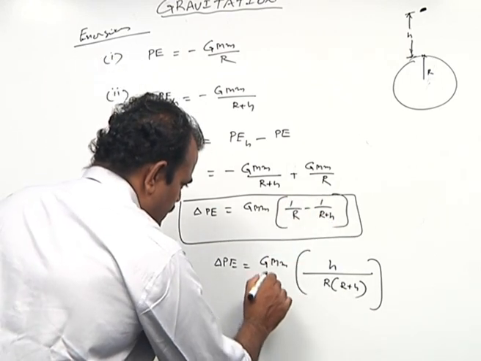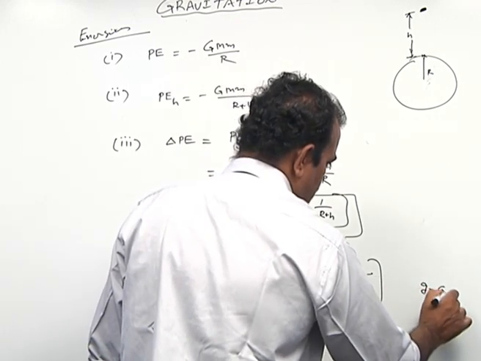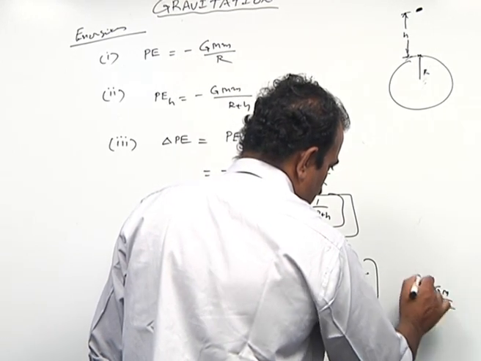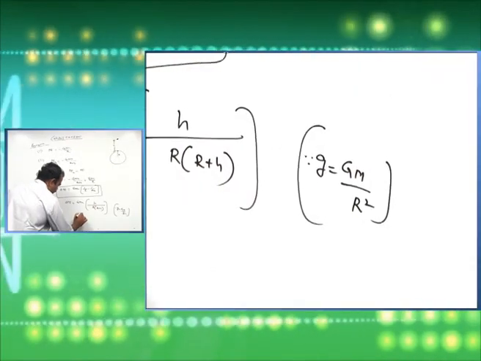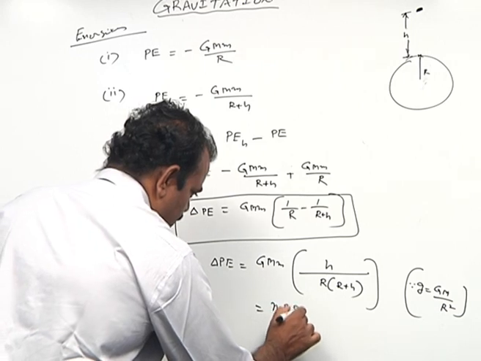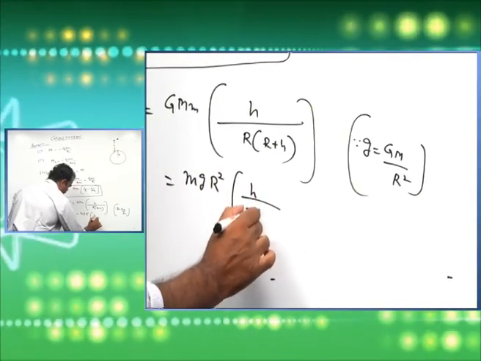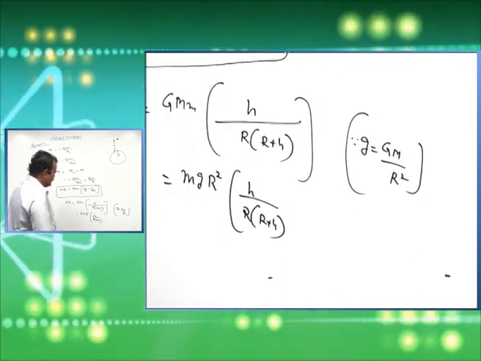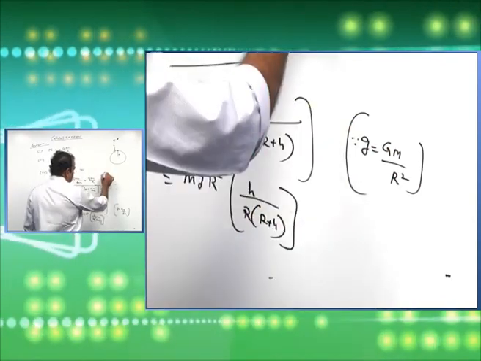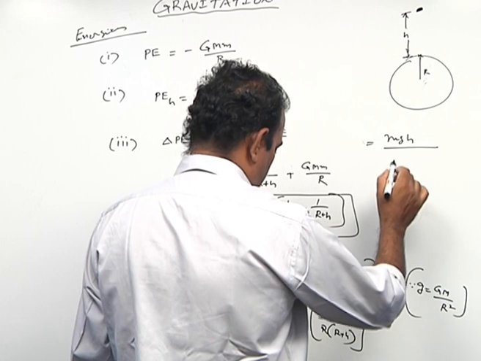Next, GM can be taken: we already know g is equal to GM by r square, so GM can be replaced by gr square. So mg r square is here, and h by r of r plus h is there. After cancelling, it becomes mgh by r of r plus h.